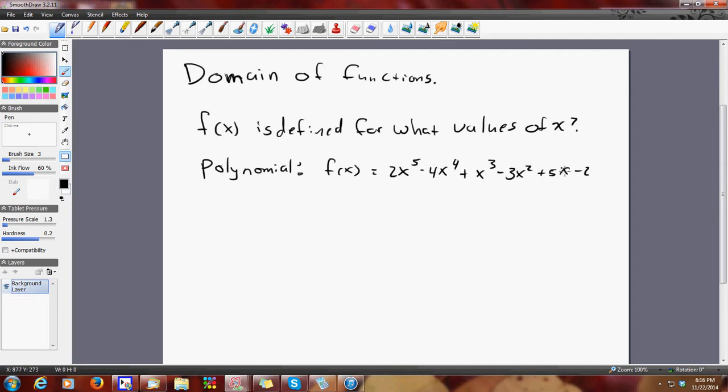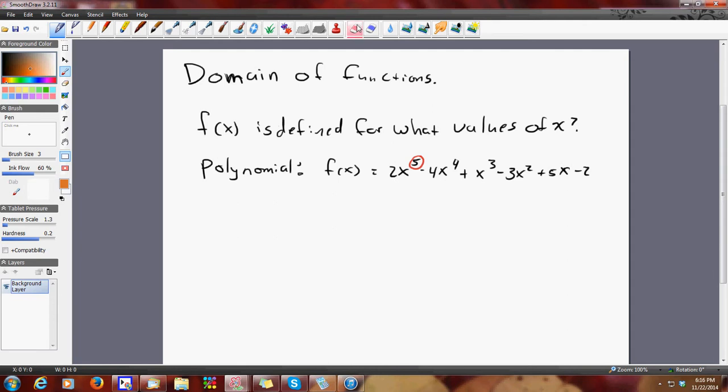It doesn't really matter what it is. As long as you notice this, we have a greatest integer exponent, and that's 5, so this is a 5th degree polynomial.